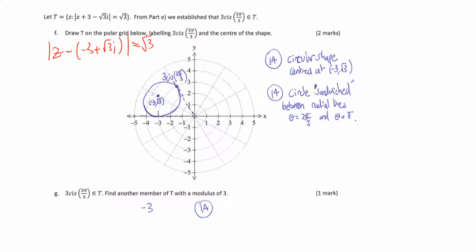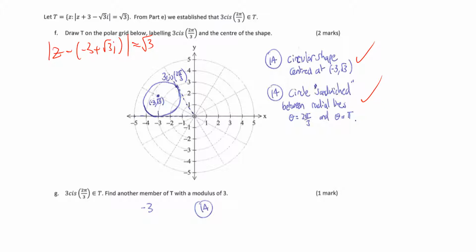Firstly, it's a circle centered at -3, root 3. So that's the first part. Now, this next part of my marking criteria, that it's sandwiched between the radial lines 2 pi on 3 and pi on 3, I was less fussy about, so long as it wasn't too far out of those two radial lines. I gave you full marks for that.